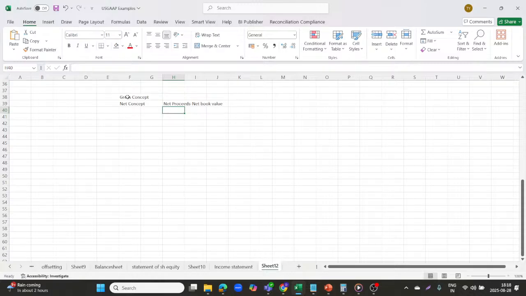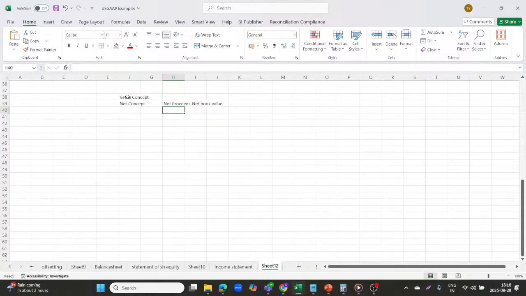For example, if McDonald's is selling burgers, then its revenue and expenses will be in the operating section. And if we are selling furniture, lighting, furniture fixtures, then the gains or losses out of that business are because of non-operating nature, which follows the net concept, that is net proceeds minus net book value is your final amount.